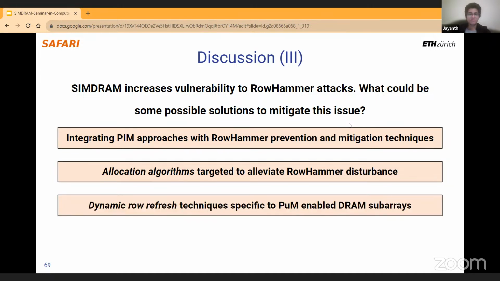And dynamic row refresh techniques specific to PuM-enabled DRAM subarrays could be used. Probably higher refresh rates when processing using memory is happening could be one way to prevent RowHammer from being launched. So yeah, that is it.